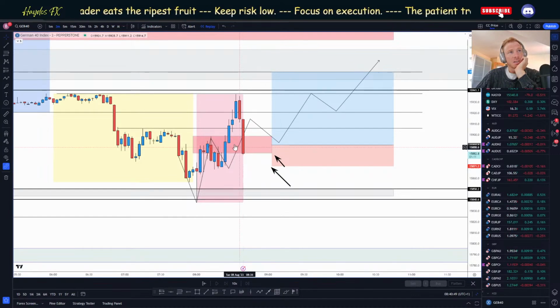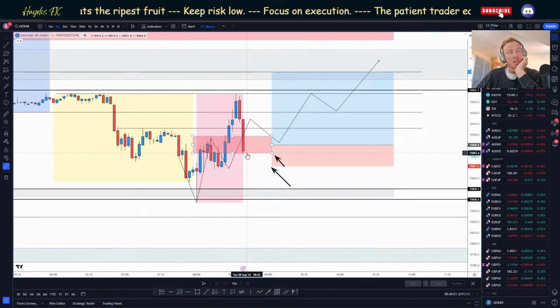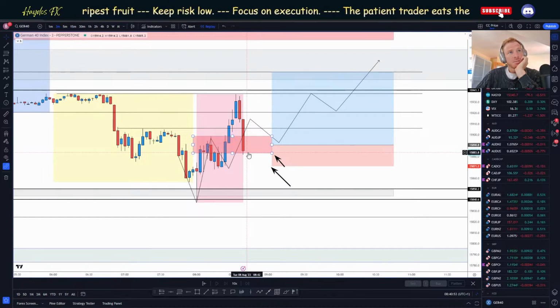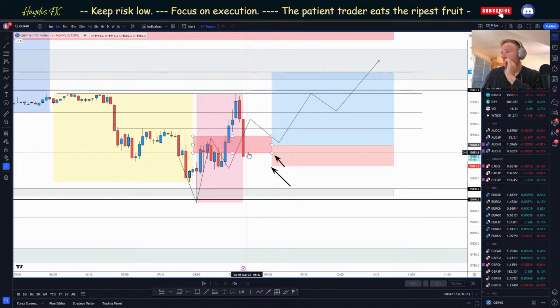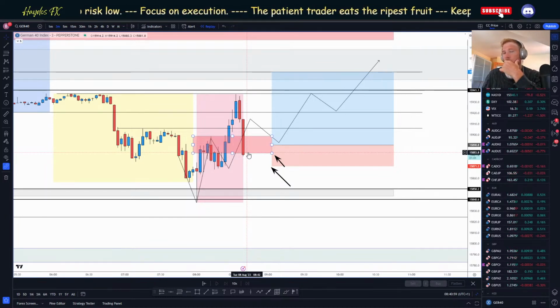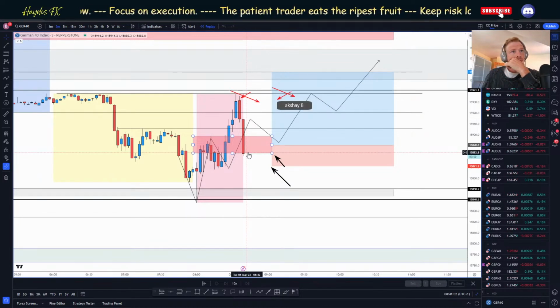We want to see this. This is resistance, but we need to see it hold. This is also the 4-hour area.